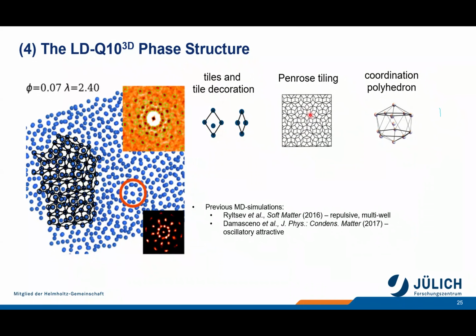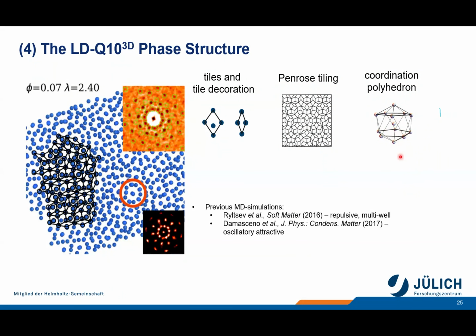And to indicate how this is packed in 3 dimensions, we have a coordination polyhedron. So this would be the plane with the Penrose tiling, and this would be a pentagon. And if you rotate the pentagon here by 72 degrees, by half of it, then this would be the plane below.